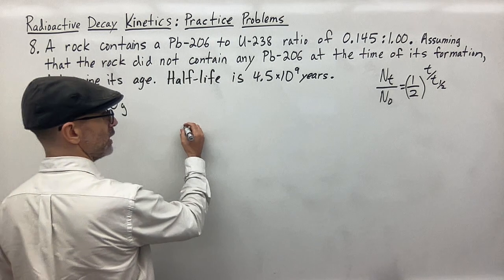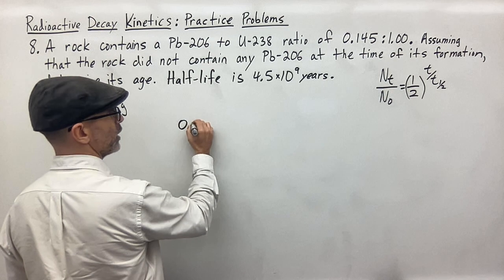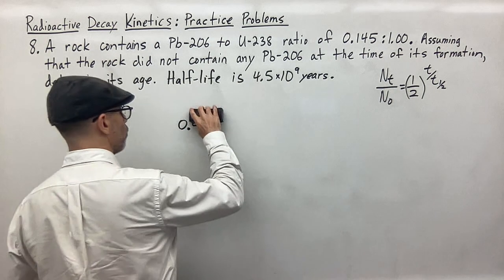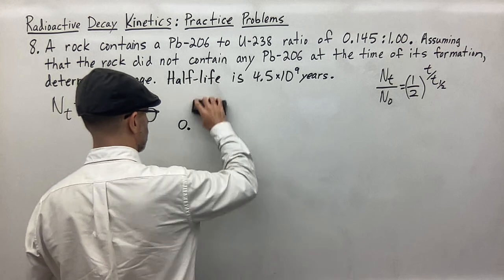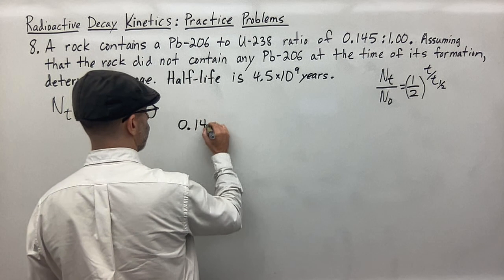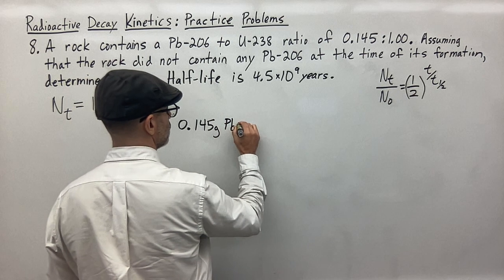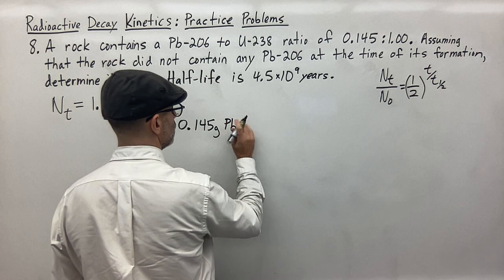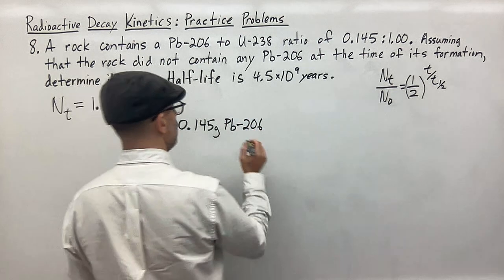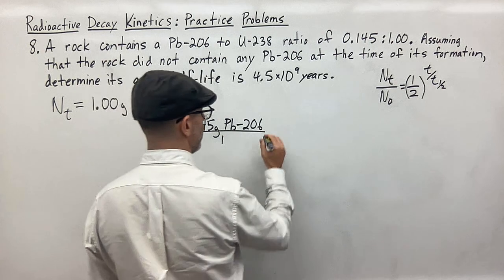Here we have 0.145 grams of lead 206, and we want to convert that to uranium 238.